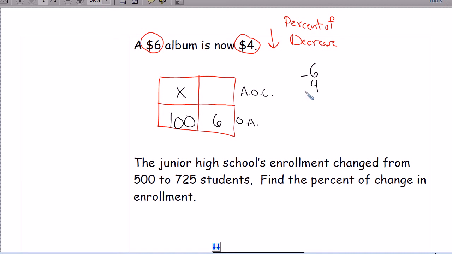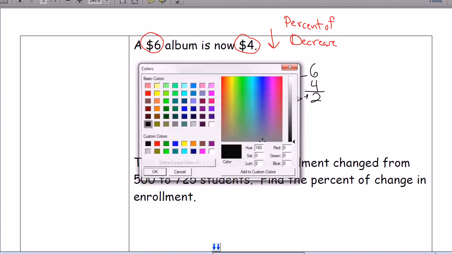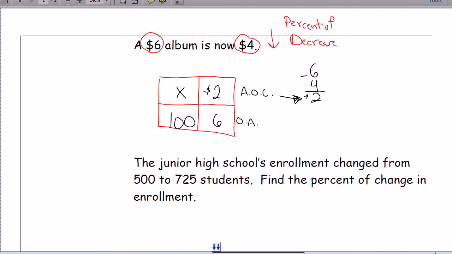So I'm going to do 6 minus 4. Oh yeah, that's just $2. So that's the amount of change. That's what goes right there. Okay, the amount of change was $2. Now I can cross multiply and divide and see if I get my answers. So when I multiply 6 times x, I get 6x.